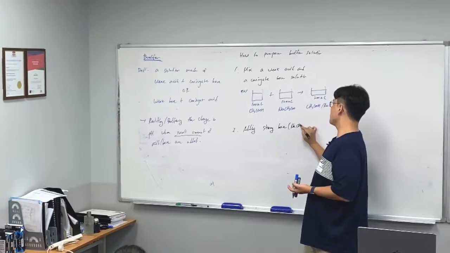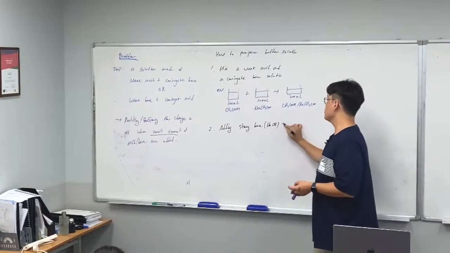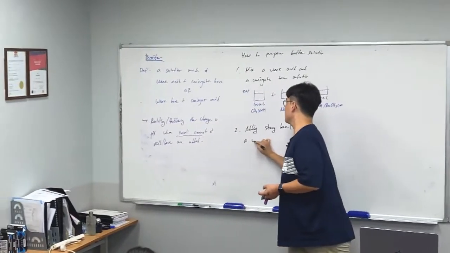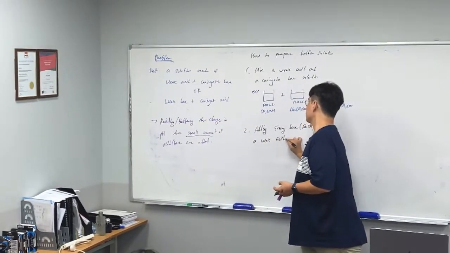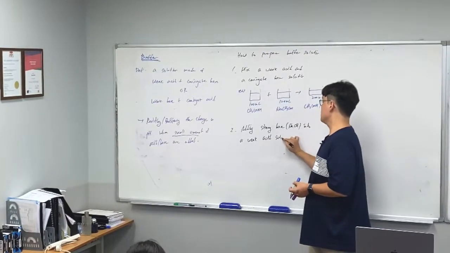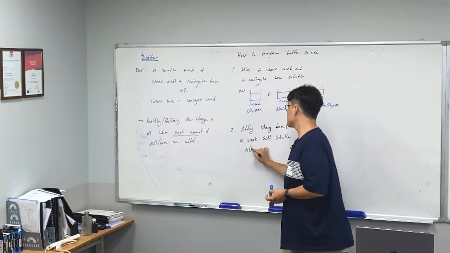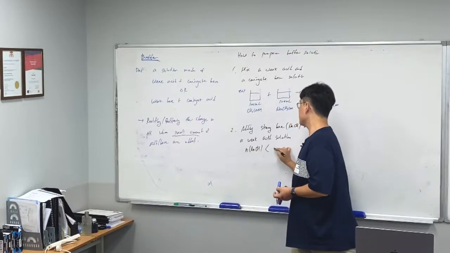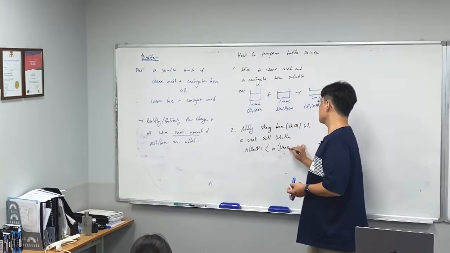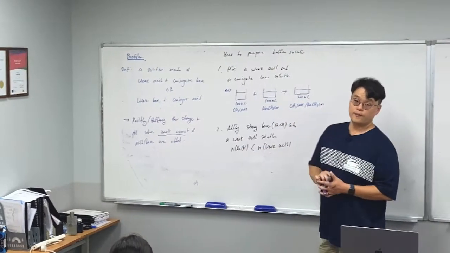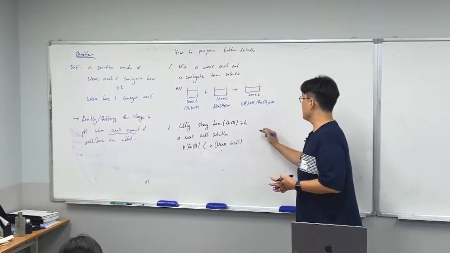For example, sodium hydroxide into a weak acid solution. But in that case, the amount n of the sodium hydroxide must be less than n of the weak acid. This is conditional. So what that means is this.